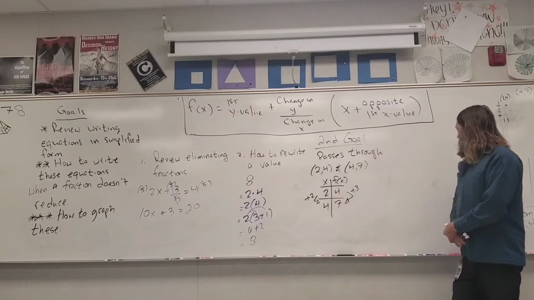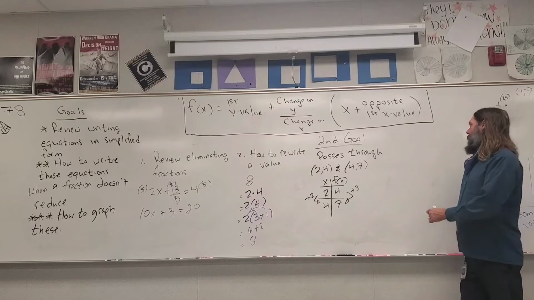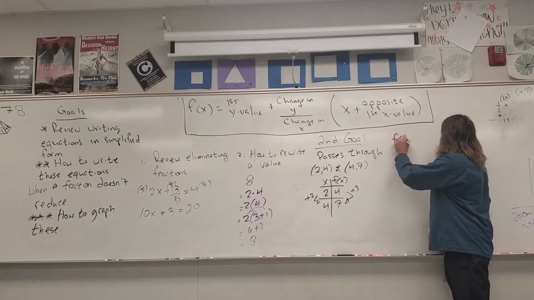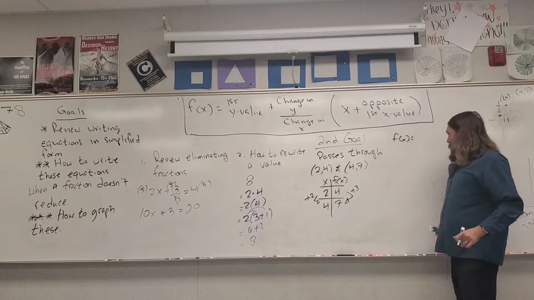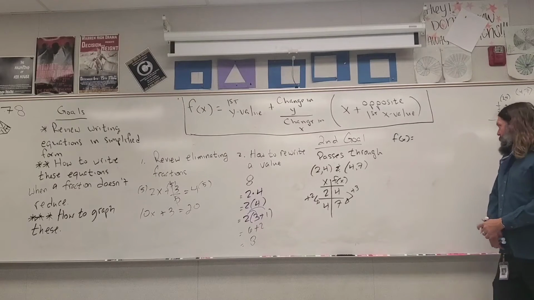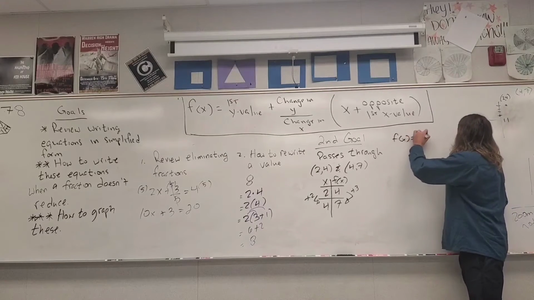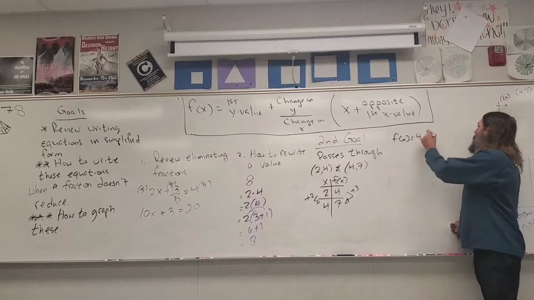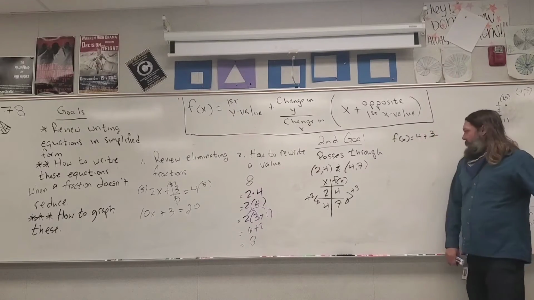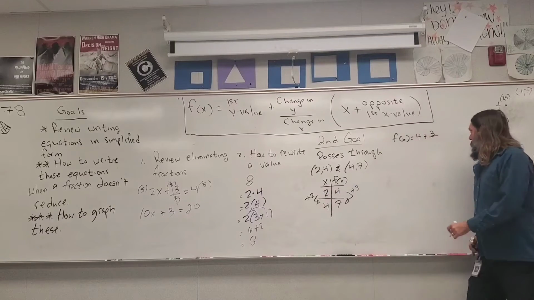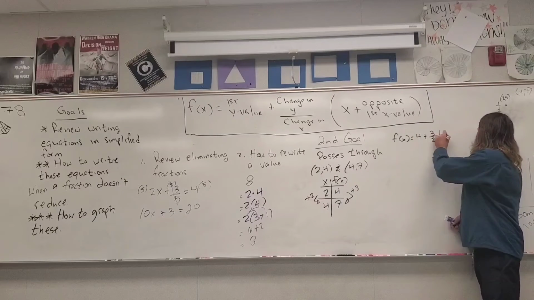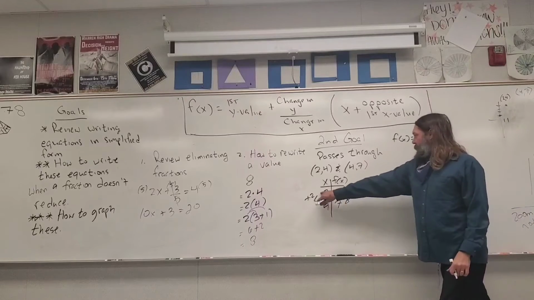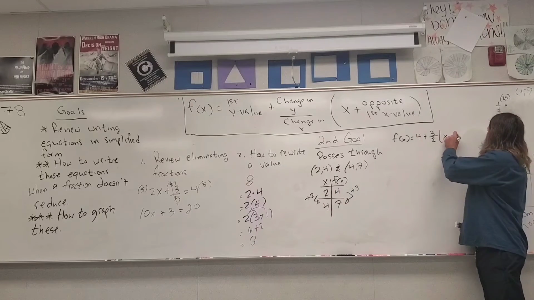And so now we can plug this into our formula, right? We get f of x equals my first y value, which is 4, plus my change in y, which is 3, divided by my change in x, which is 2, parentheses, x plus the opposite of positive 2, so it'll be x minus 2.